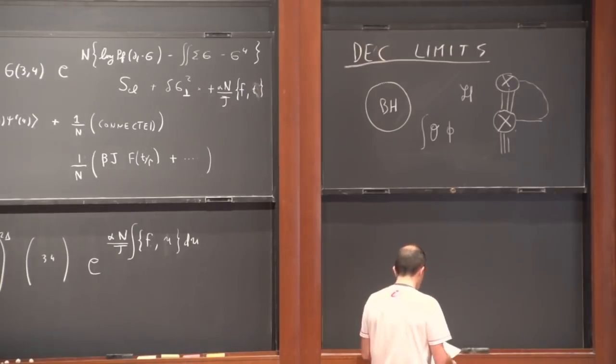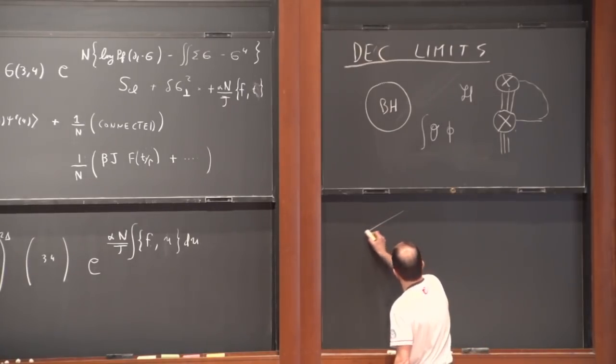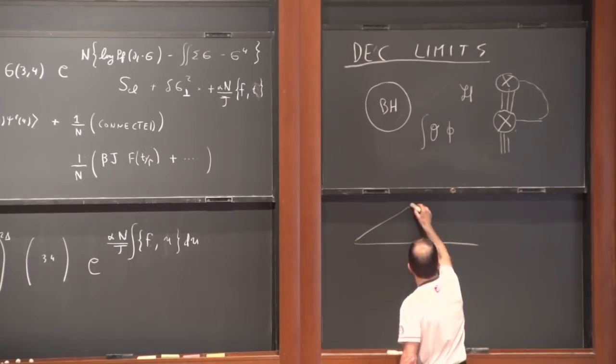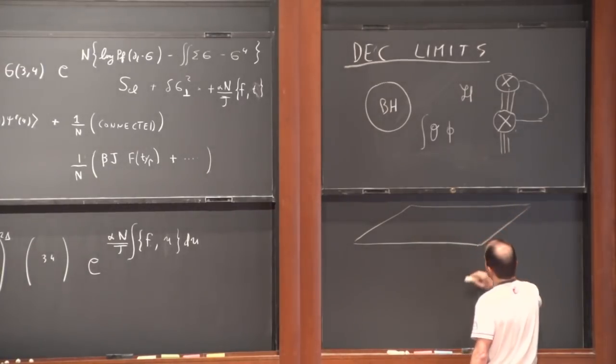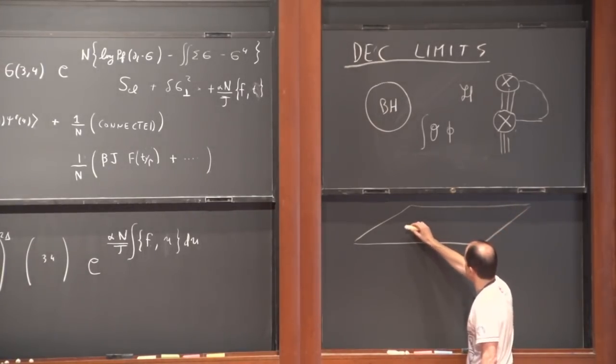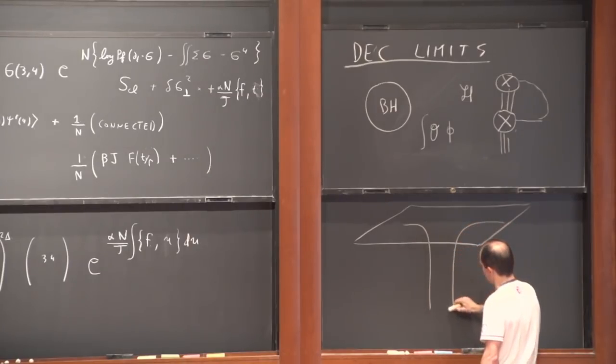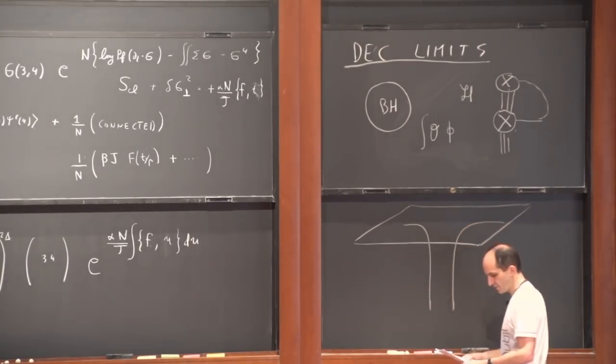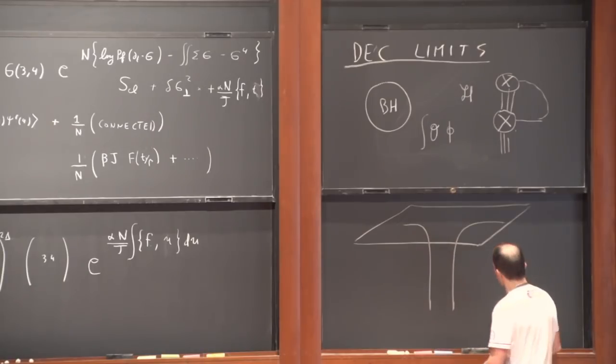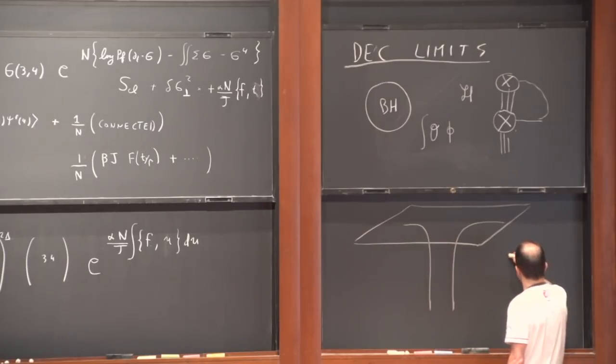So one way that one can do this somewhat is to consider, let's say, flat space. We have a black hole in flat space, and we consider certain limits of black holes. So in particular, a limit that is useful for thinking about this is the near extremal limit. So we can think of a charged black hole that carries some charge q.